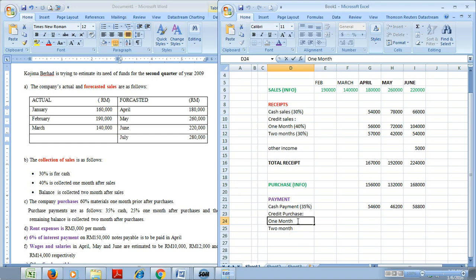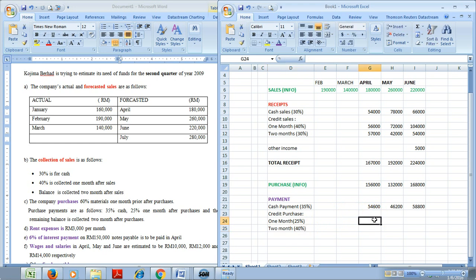For 1 month is how much? 25%. And the balance is what? 25 plus 35 is what? 60. So the balance here is 40%. Where do I get it from? Because the total must be 100%. Very good, students. Okay, now what is your credit purchase for 1 month?